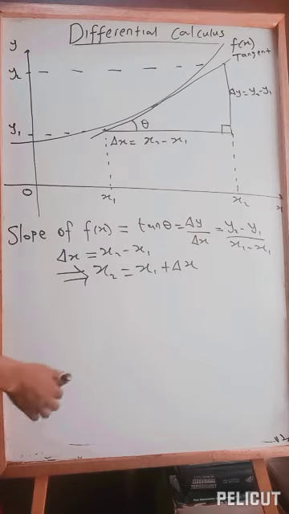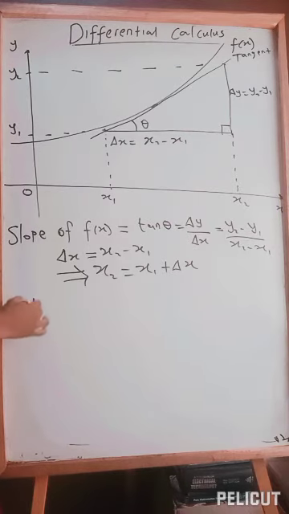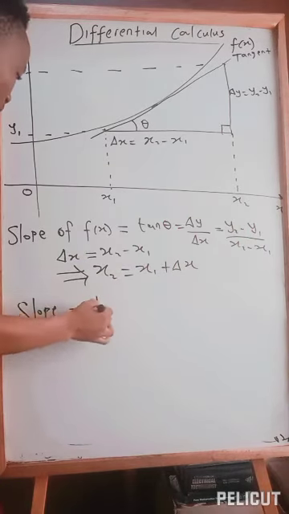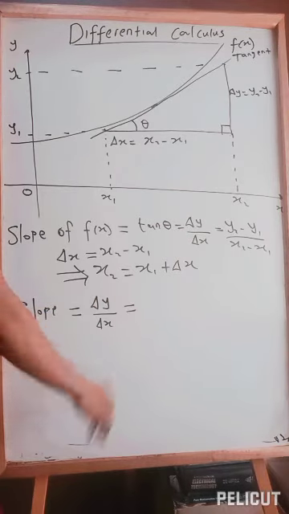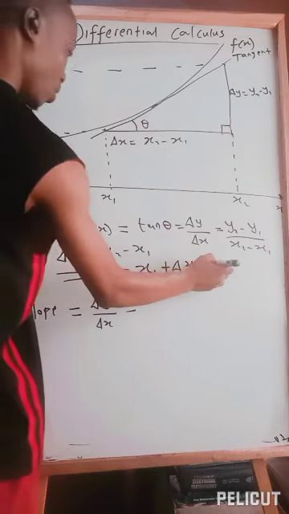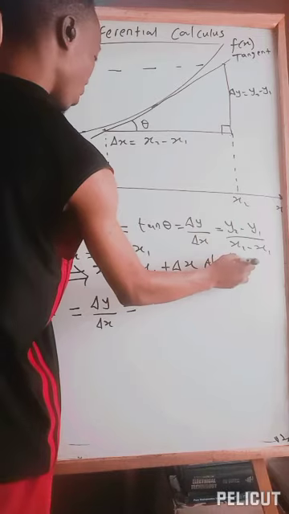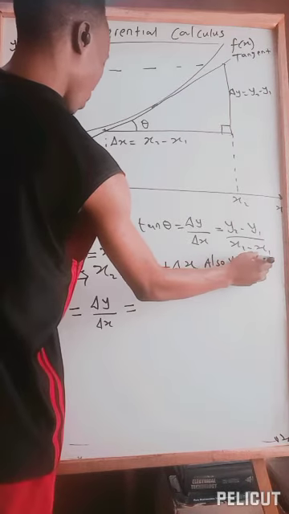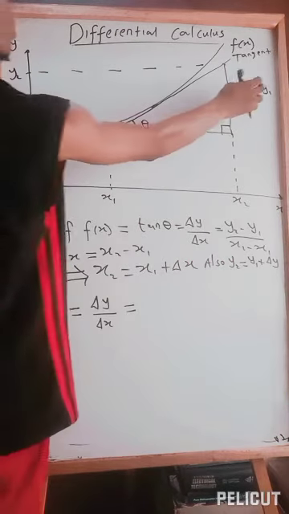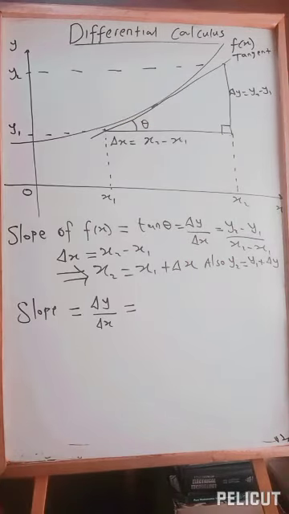And the slope is now the same thing as, now I want to deal with this, delta y over delta x. With y2, we know that y2 is y1 plus delta y. So I'll just make y2 the subject of the formula.